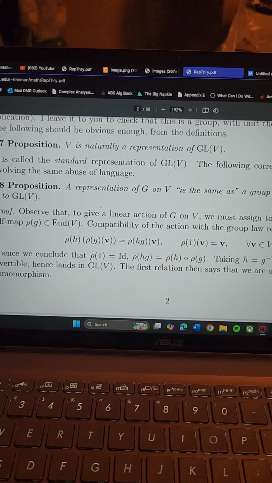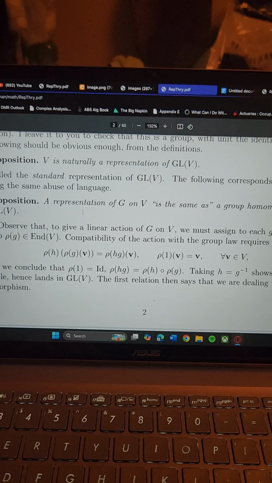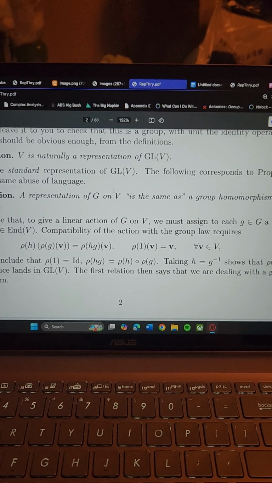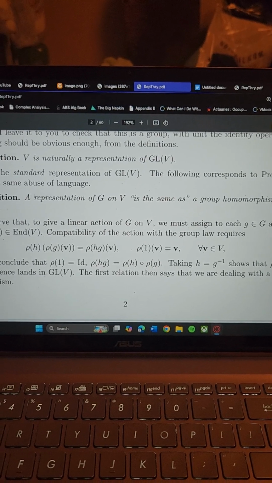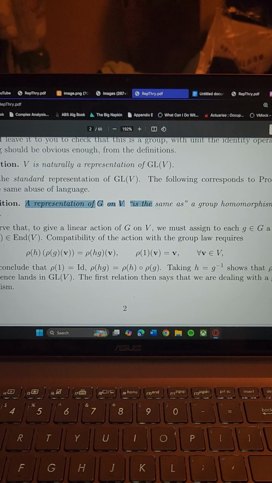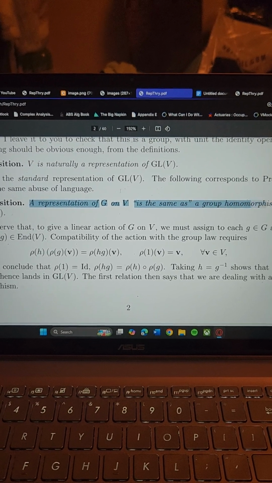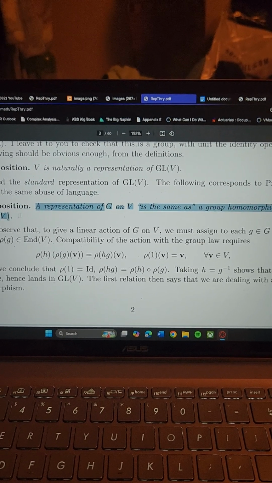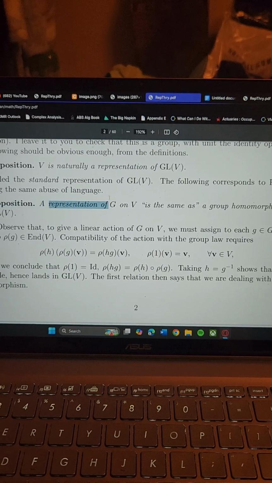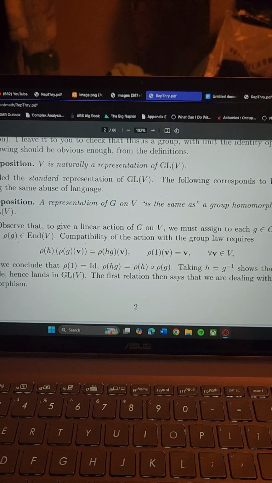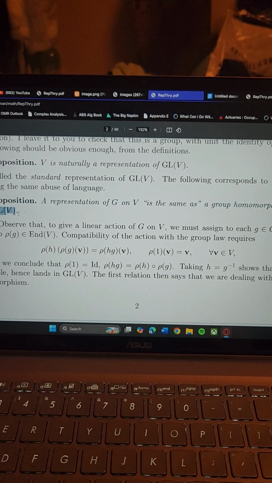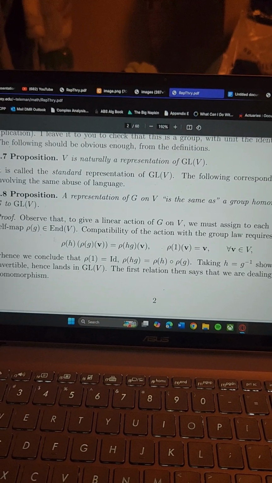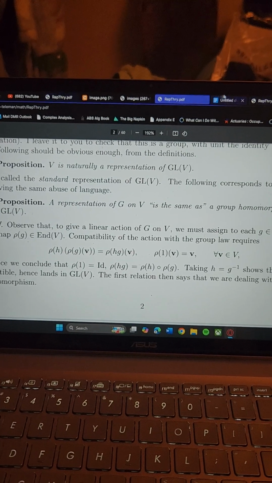Okay, this is going to be a lot of notation-heavy stuff, but I believe in you guys to follow along. So a representation of G on V is the same as a group homomorphism from G to GL(V). Basically, we're taking a mapping of a representation to another representation. It's a little confusing, I know, but you gotta trust it.